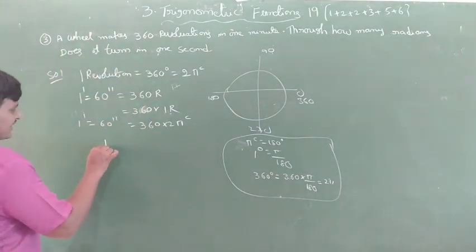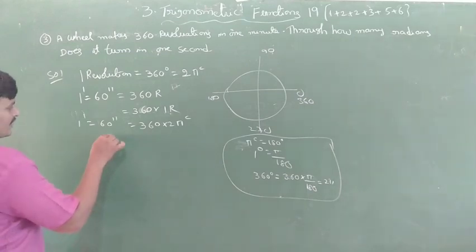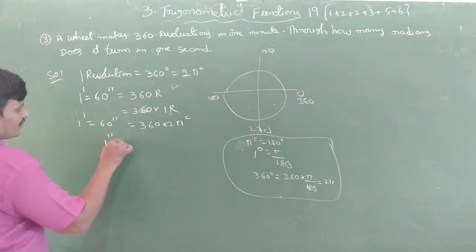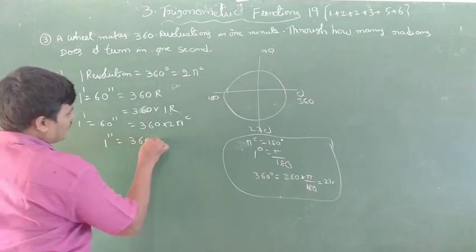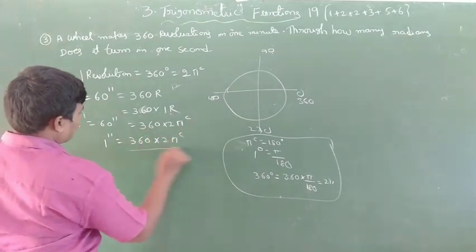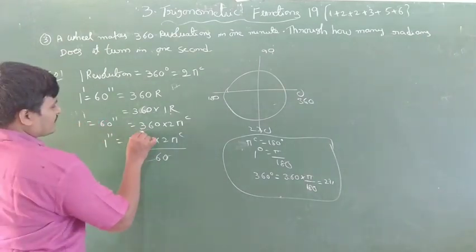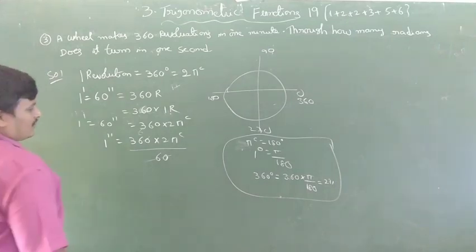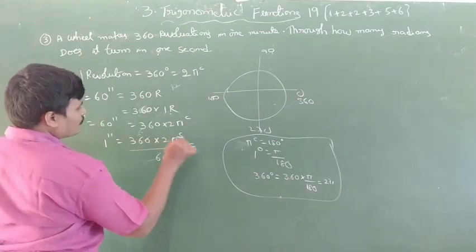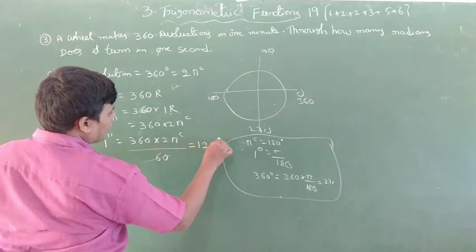So 1 second is equal to 360 into 2 pi radians by 60. 1 minute is 60 seconds, so 1 second is equal to 1 by 60. 6 ones are 6, so 6 into 2, 12 pi radians.